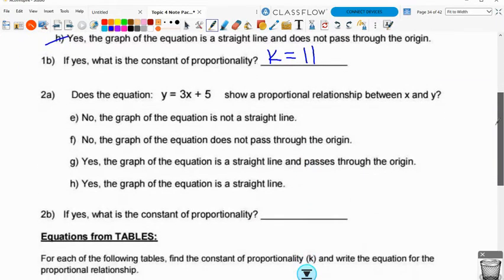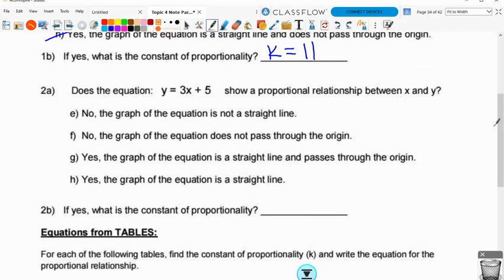Question 2a. Does the equation y equals 3x plus 5 represent a proportional relationship? Well, again, it has to look like y equals k times x. And in this example, y equals k times x, but then it's got a plus 5 at the end.